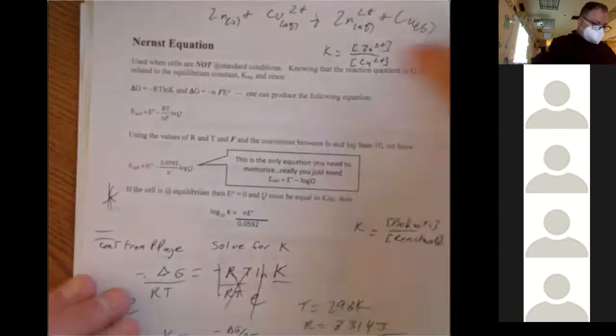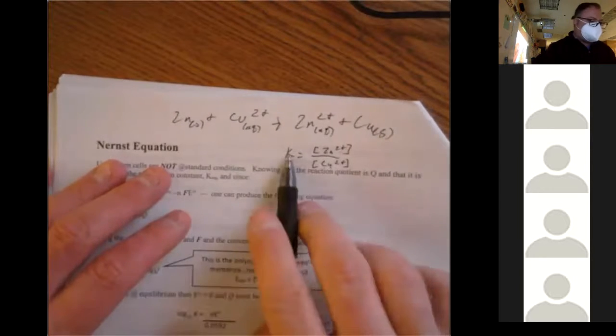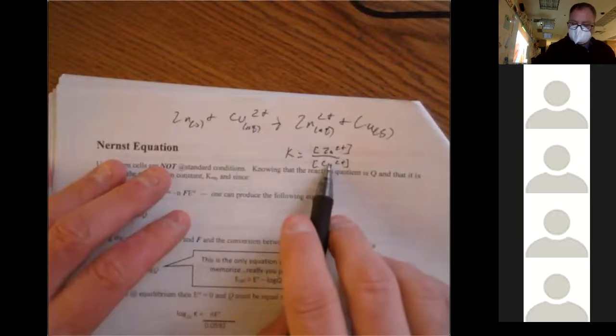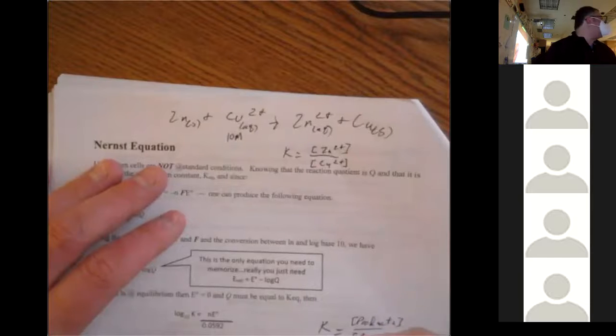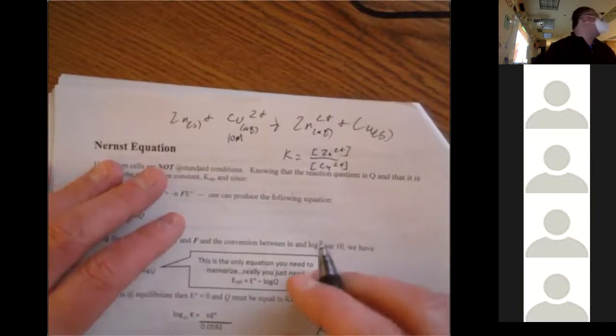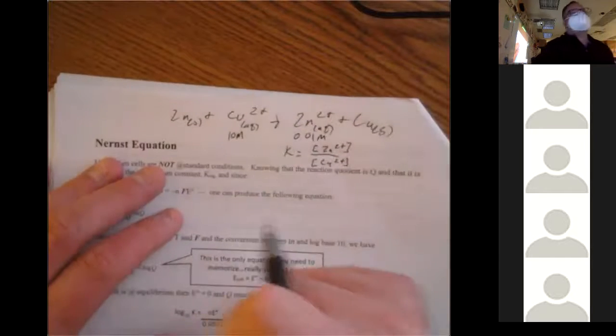So let's imagine then we have in our equation up here, this is K, this is at equilibrium. Let's imagine that we have 10 molar copper 2 sulfate solution. And, let's not do 1, let's do 0.01 molar zinc solution.